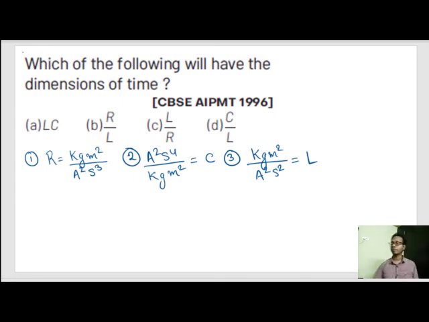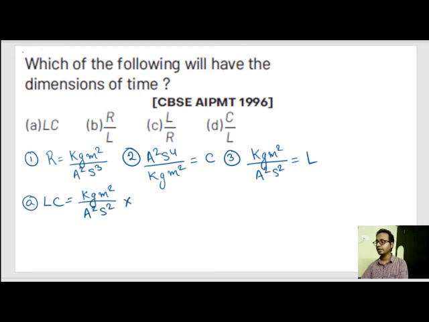So let's take option A, L into C. L into C gives us kg meter square by ampere square second square into ampere square s to the power 4 by kg meter square.